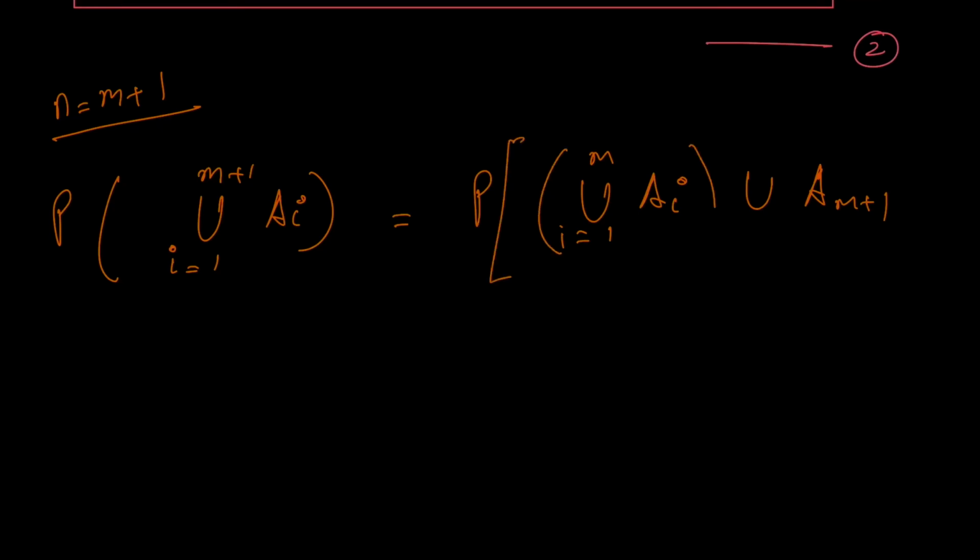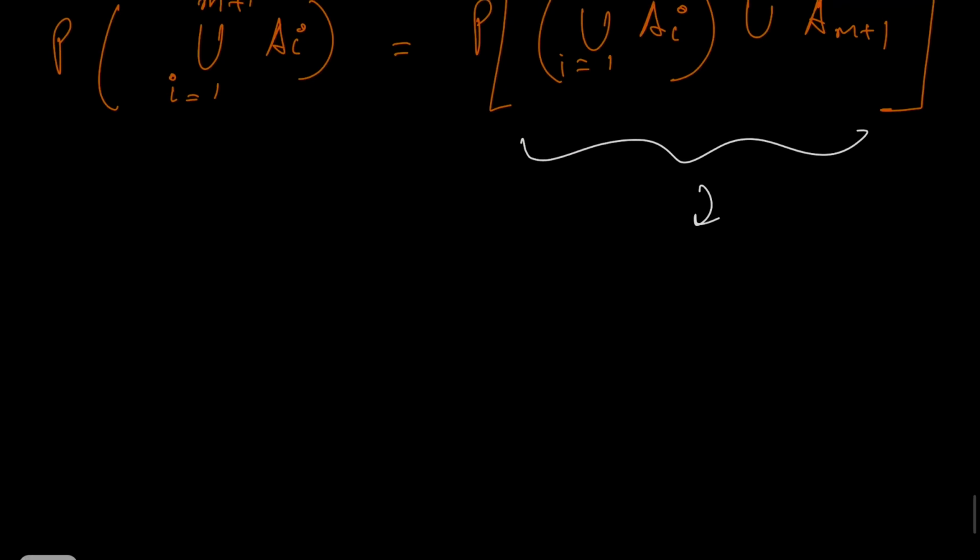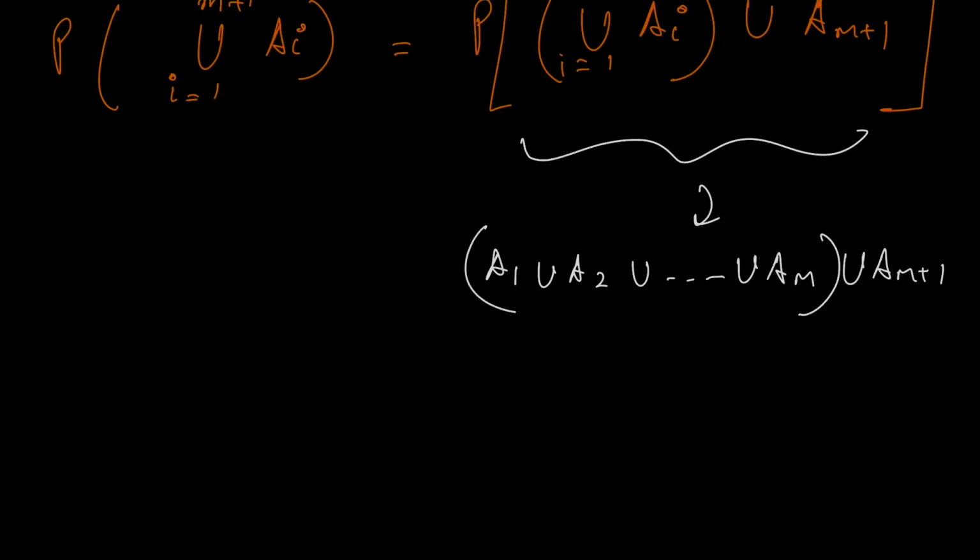Let's use third brackets for clarity. So what did I just do here? I just did nothing. A1 union A2 union up to An union Am plus 1. I just put brackets at these two locations. I define this as one event B1 and this as another event B2.